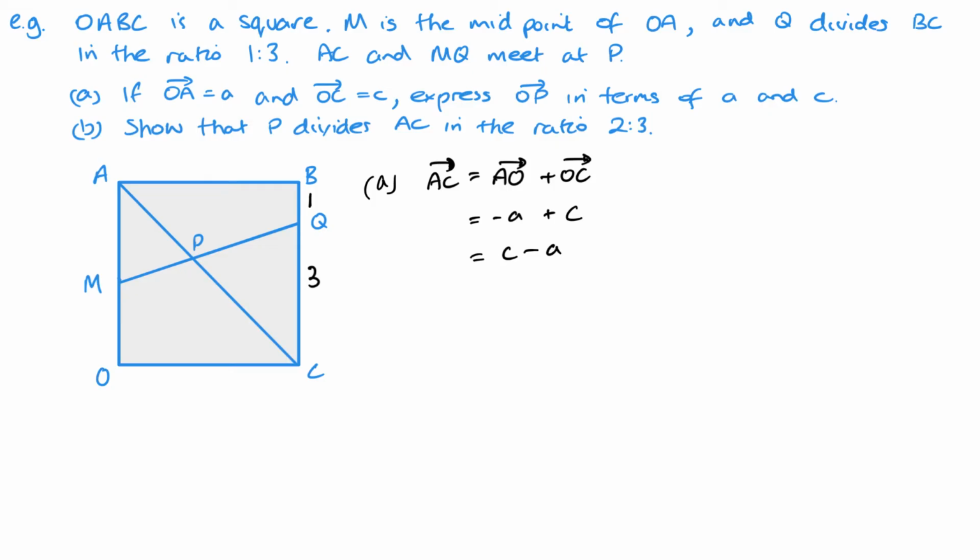Now let's also work out a few more vectors that we might very well need here. So vector AB, for example, and vector BC.